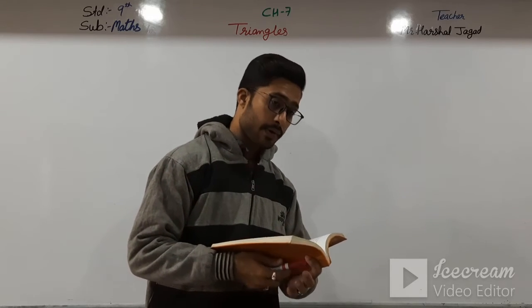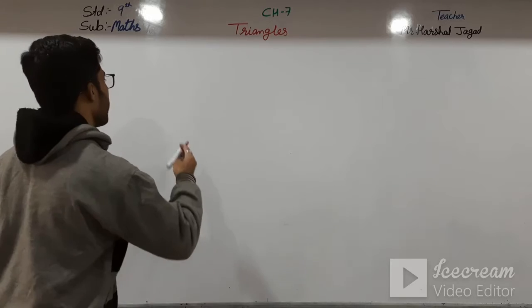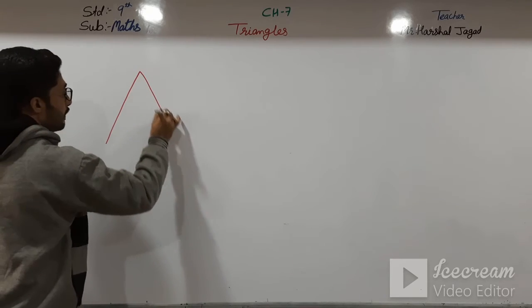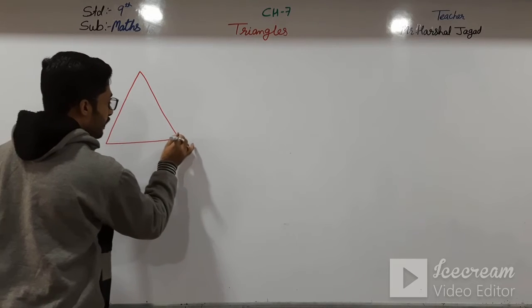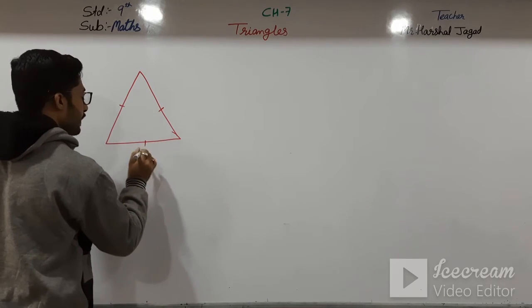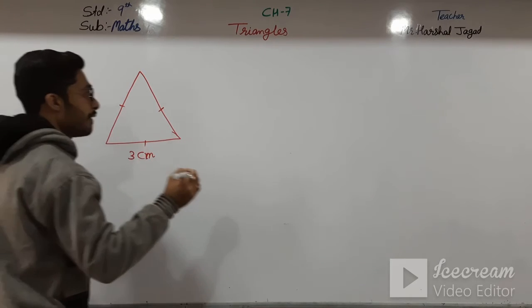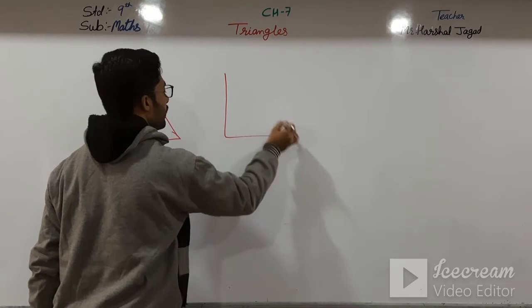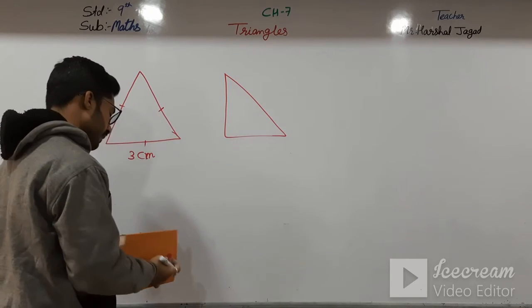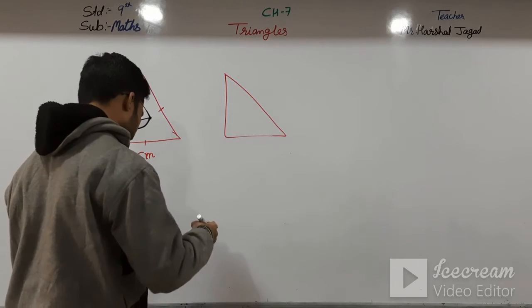If I draw one triangle like this, all the sides are 3 centimeters. And another one I am drawing according to the given figure.